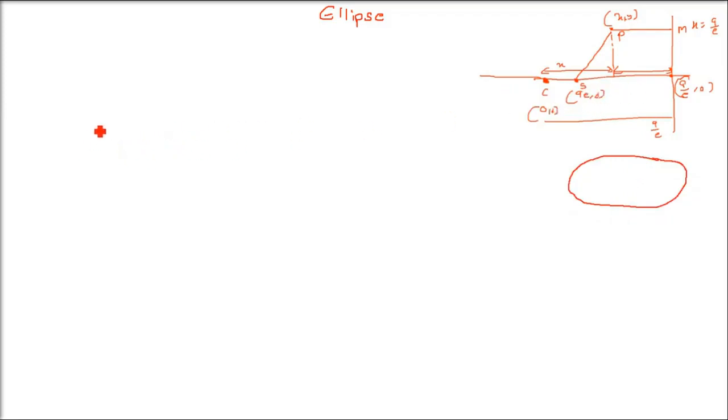So this figure I am going to make again, so that you can recall those things. You must have remembered we took one point S as focus, and then we made a line perpendicular to it, that is called a directrix.